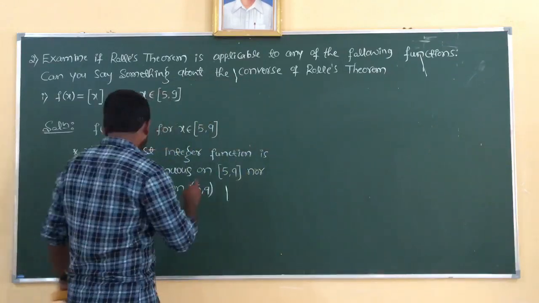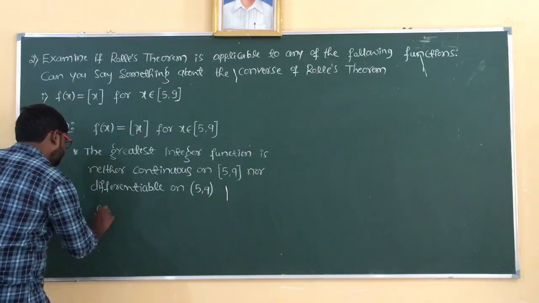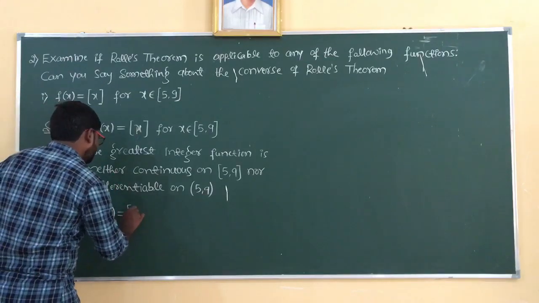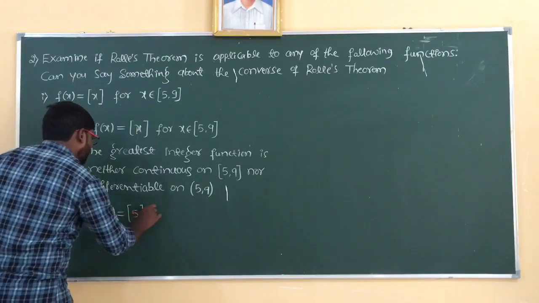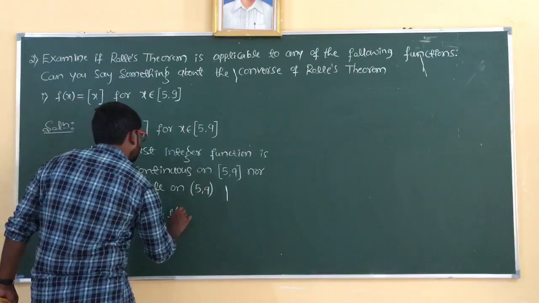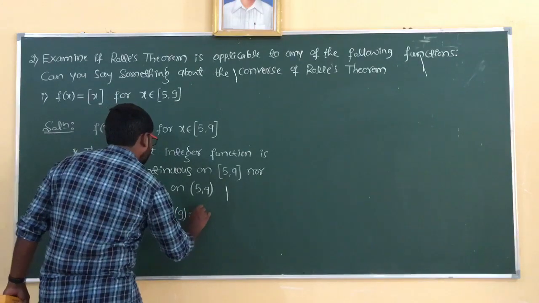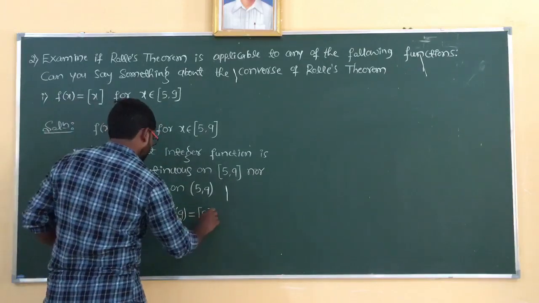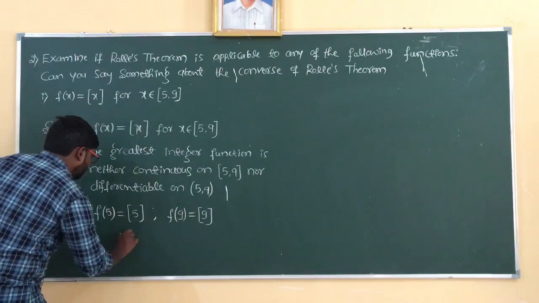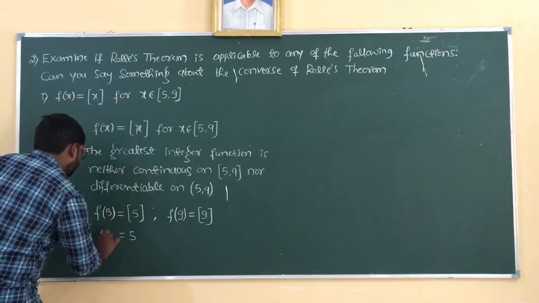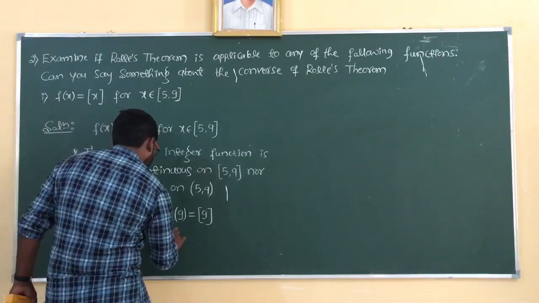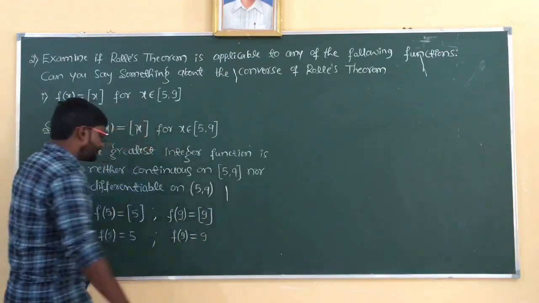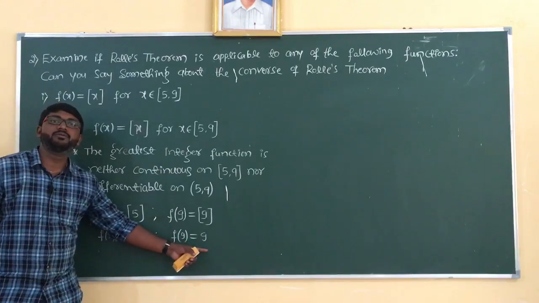So see here, I will go for f of a now. f of 5 equals greatest integer 5, then I will go for f of b, that is f of 9 equals greatest integer 9. What is greatest integer 5 here? It is 5. So f of 5 equals 5, and f of 9 equals greatest integer 9, which is 9. So f of a is not equal to f of b.